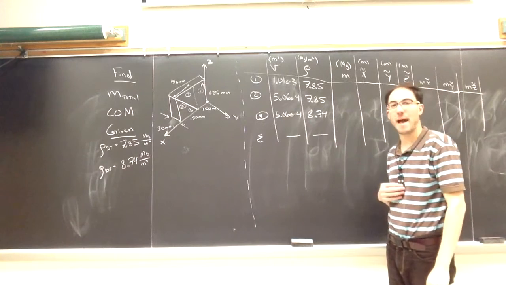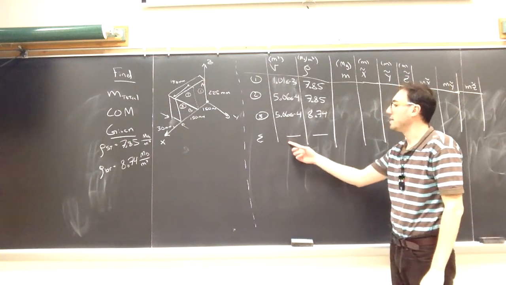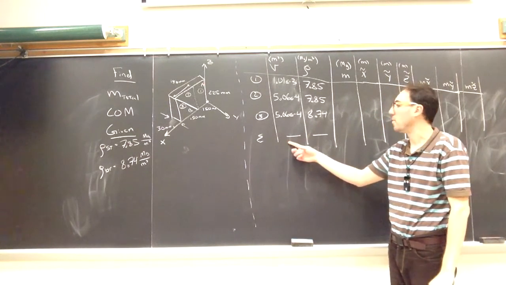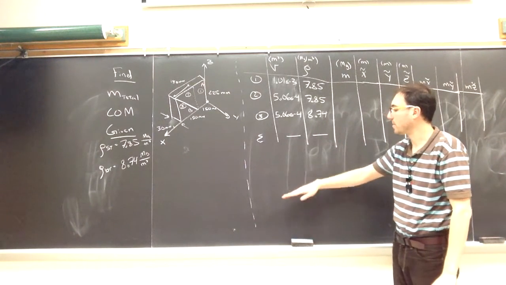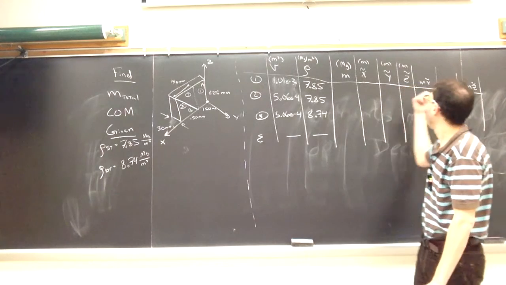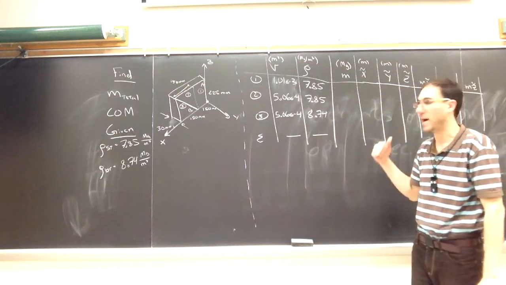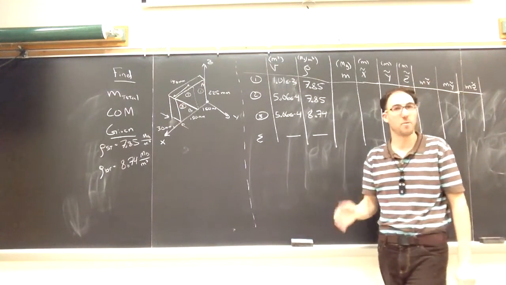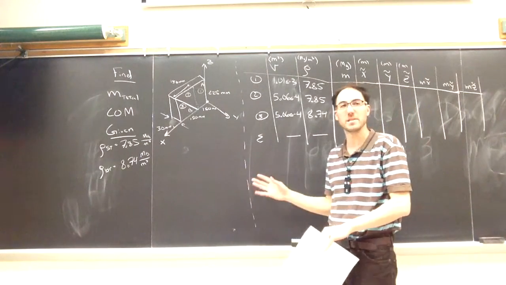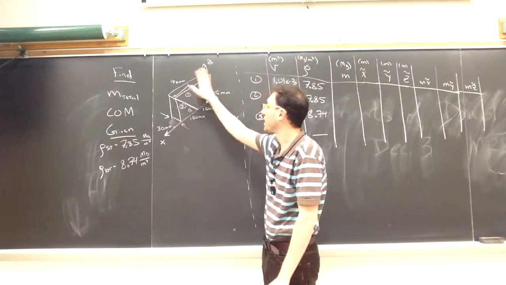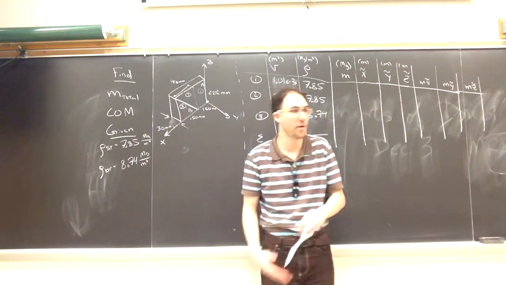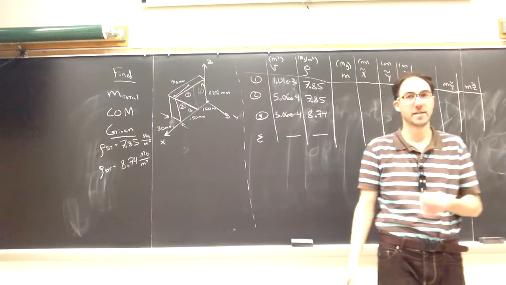Notice again for this center of mass type of problem, I could find the total volume if I wanted to, but the important thing here is to find that total mass, because that's what I'm going to divide the mx tilde, my tilde, mz tilde by later in order to find the x bar, the y bar, and the z bar for the center of mass of the object. If this was all one material, this would be a very easy problem because I would just treat it as that rectangular solid, so finding the centroid is easy.